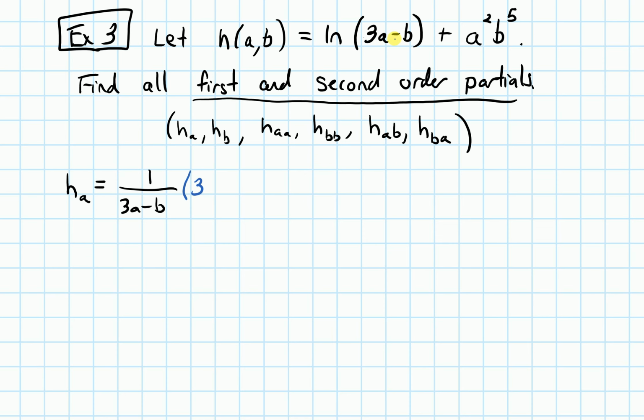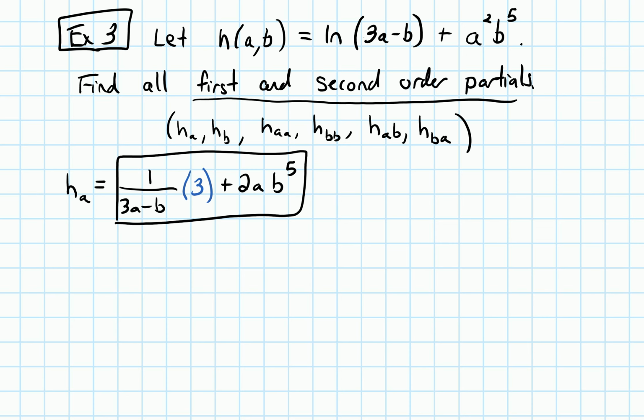And the b gets treated as a constant, so that's just 0 for that. Okay, and then for the derivative of the next part, a squared b to the 5, b to the 5 gets treated as a constant. So I'll end up taking the derivative of a squared, and I'll get plus 2a b to the 5. All right, so that is my partial derivative with respect to a.